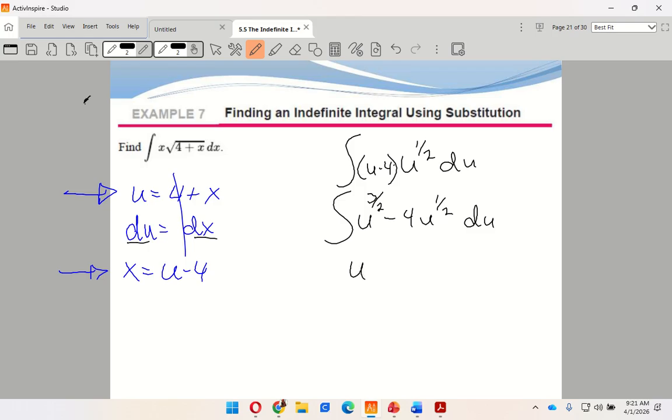So it's going to be u to the 5/2, times 2 over 5, minus u to the 3/2 times 2 over 3, right? So that's going to give me 8 over 3. And I get plus c.